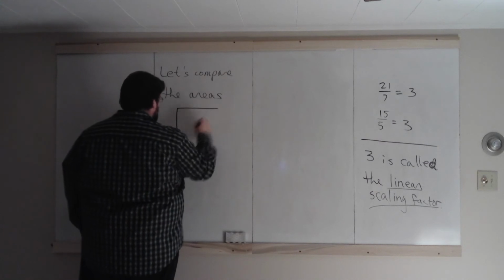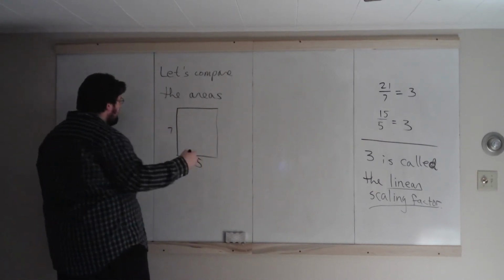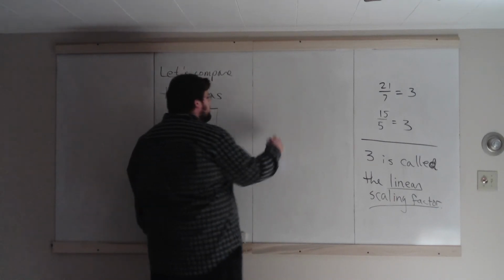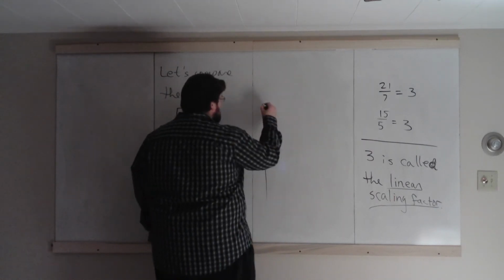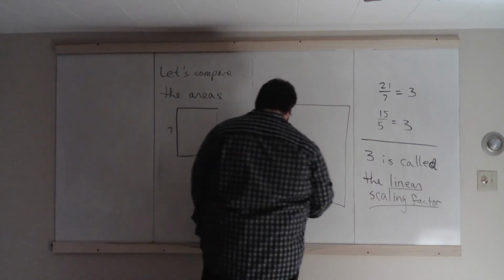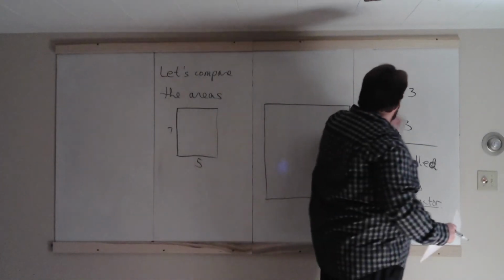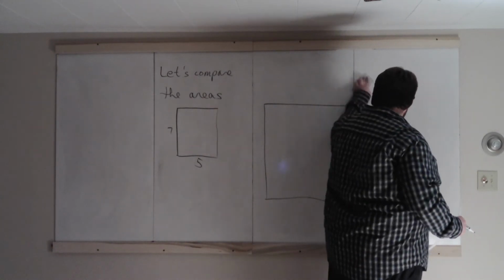Well, the first one, we had 7 and 5. It's area of 35. That's not going to matter much right now. The second one, well, now let's do a different example, actually. Let's do one without that 3. Let's just draw one that I can draw more reasonably to scale.